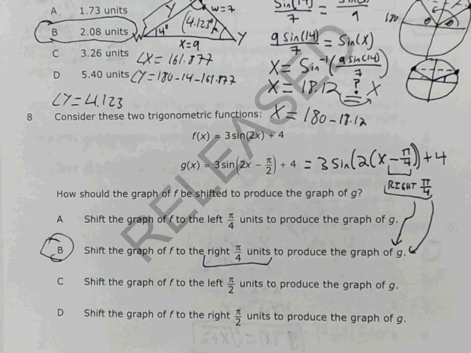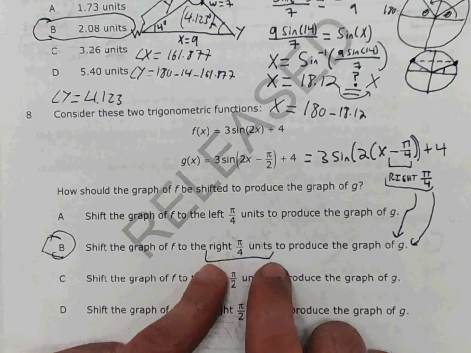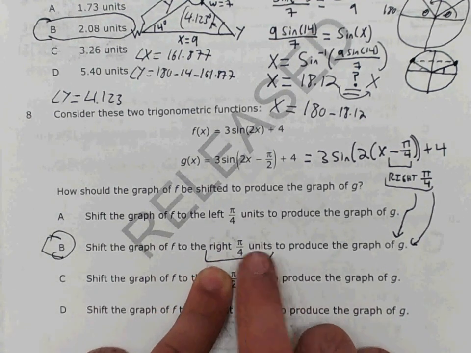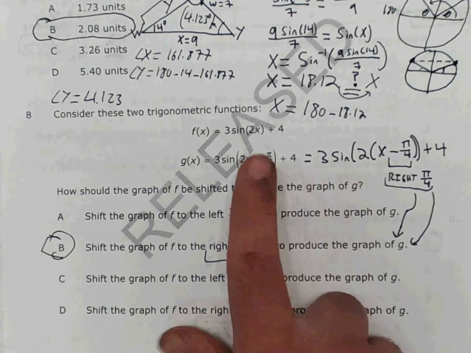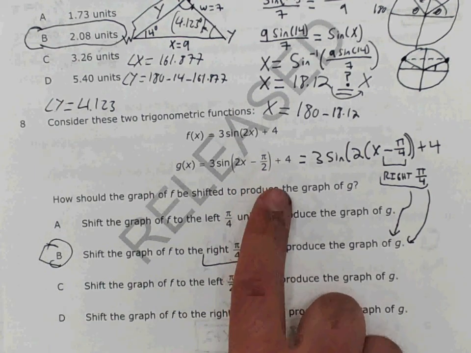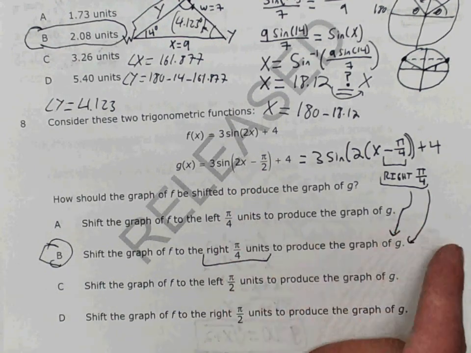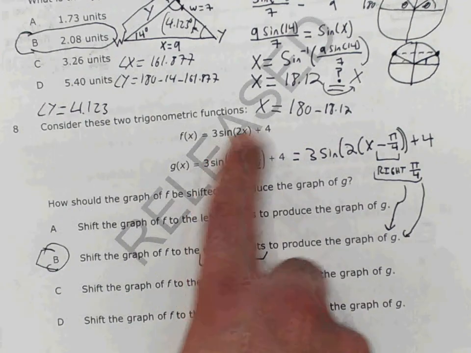So you could graph it and then physically see that that's right pi over 4 units if you did zoom trig. But really, you just got to be able to factor your functions and know what the transformations do. You factor it and you have to recognize the difference between this function and that function.